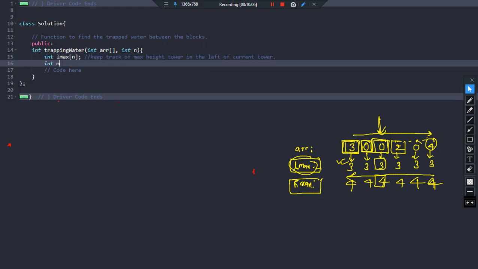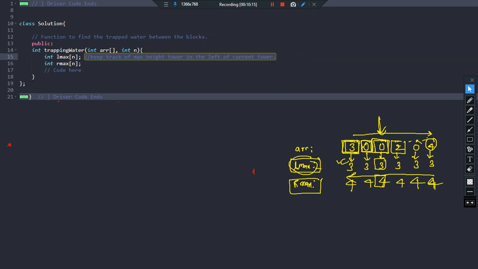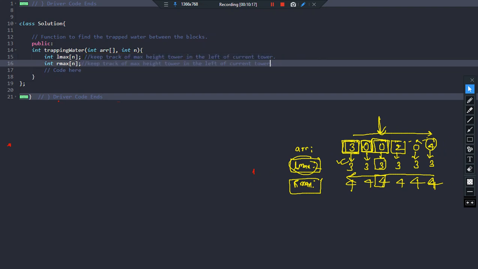Similarly, int rmax will keep track of the maximum height of tower in the right of the current tower.